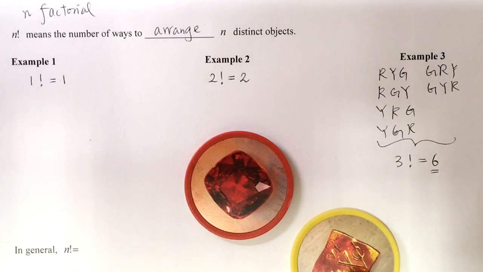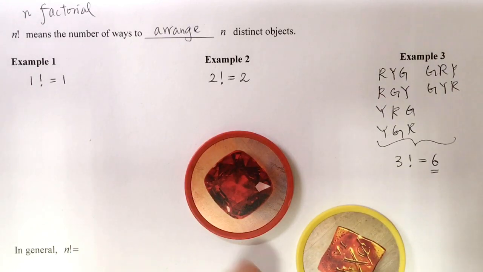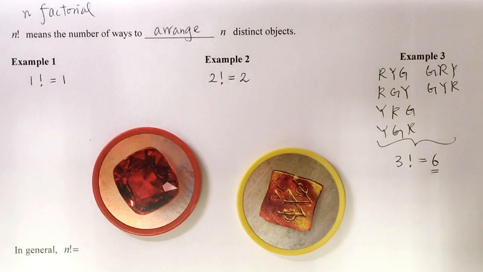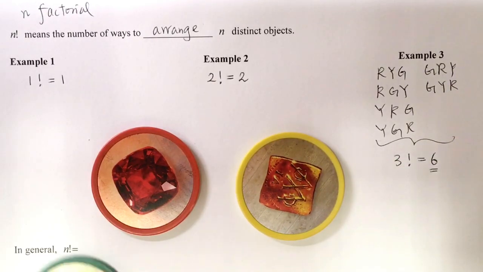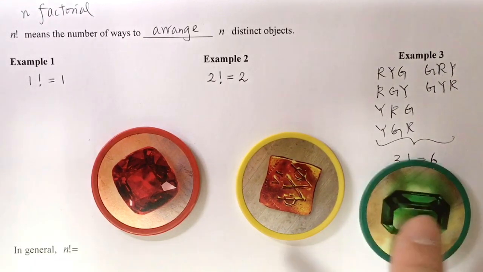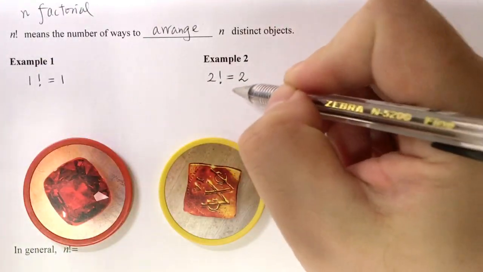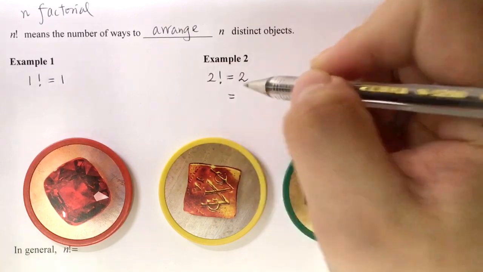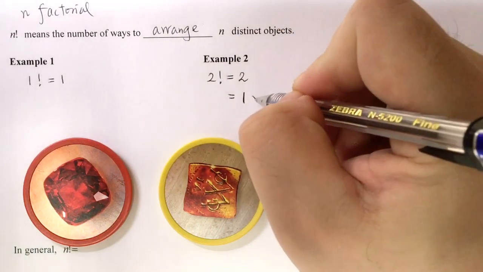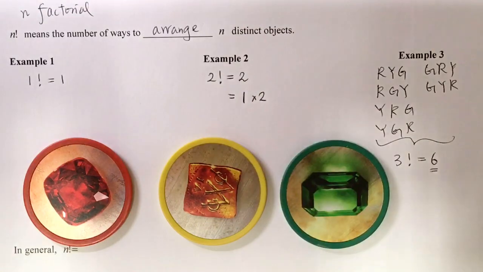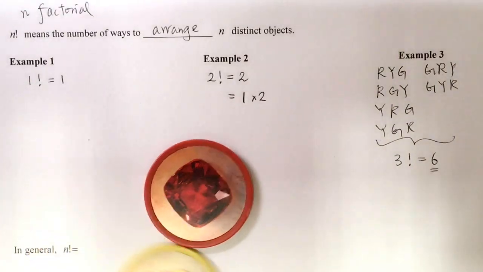Say for example, if it's the second object, we have 2 different positions to place, and for the third object, we have 3 different positions. So in the end, 2 factorial means for the first object, there's just one way to arrange it, and we multiply it by 2 from the first object's right or left.